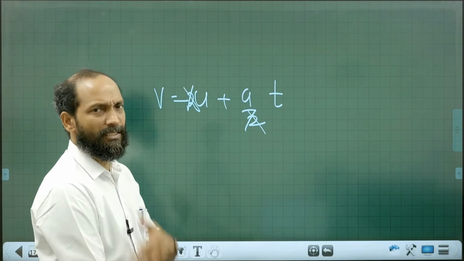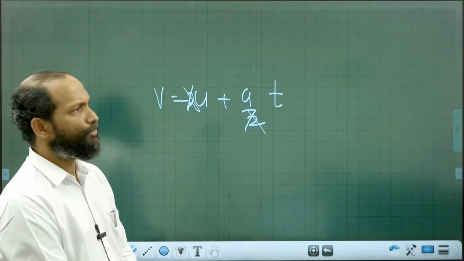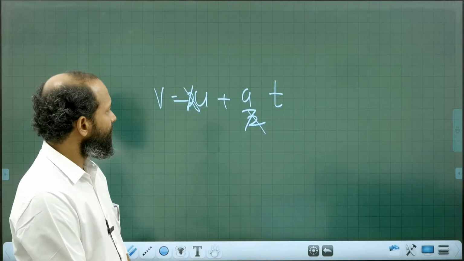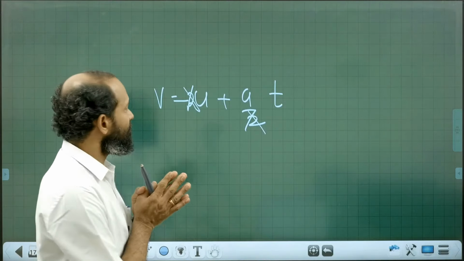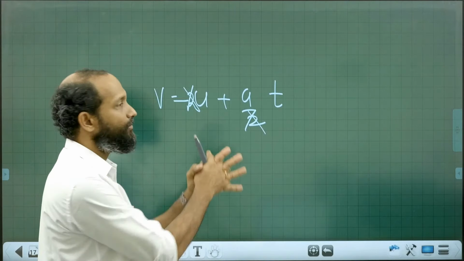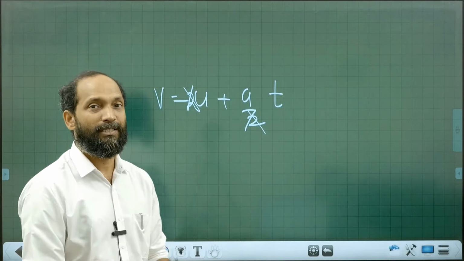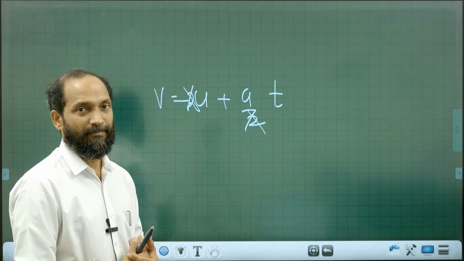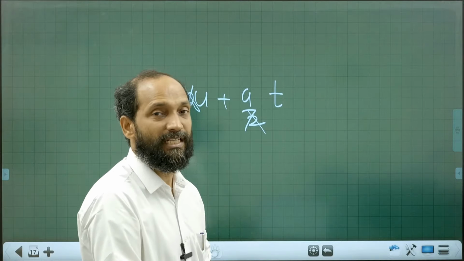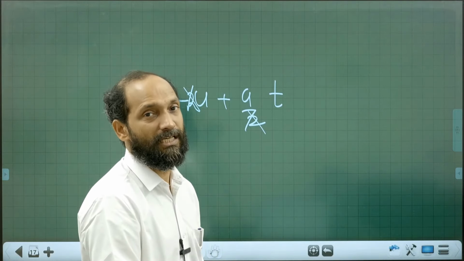But when you check the wrong one dimensionally, we cannot find any problem there. We say that equation is correct dimensionally, but physically it is incorrect. Dimensional correctness cannot decide whether it is physically correct or not.